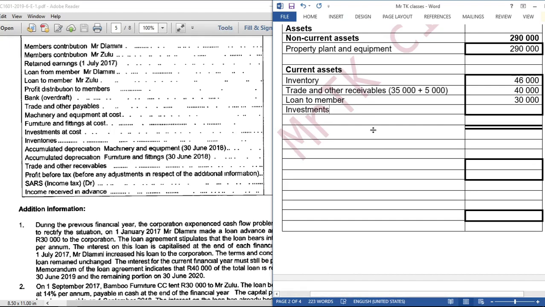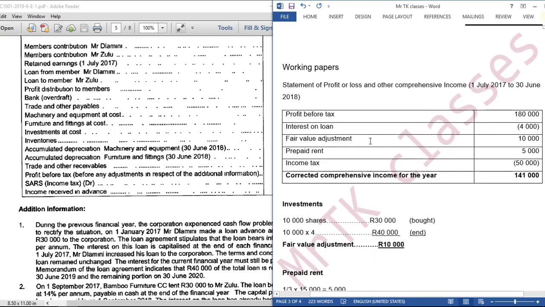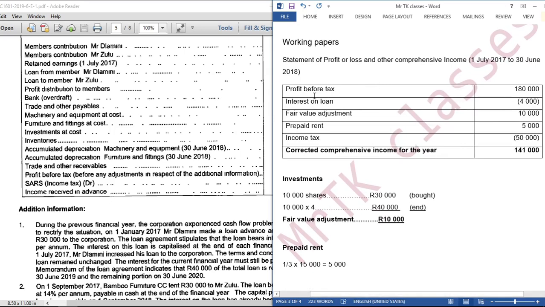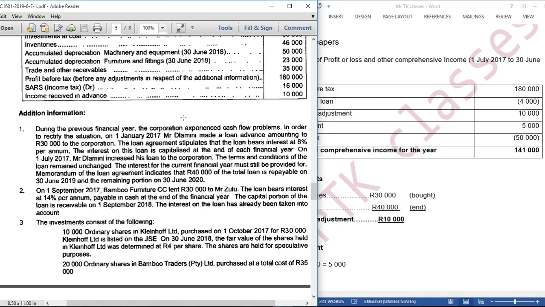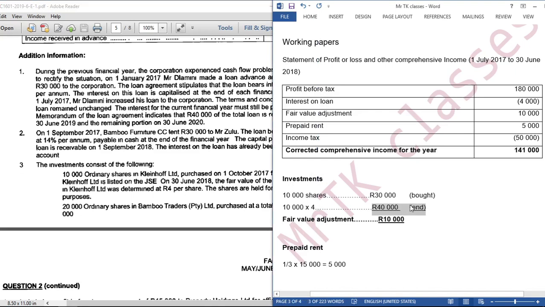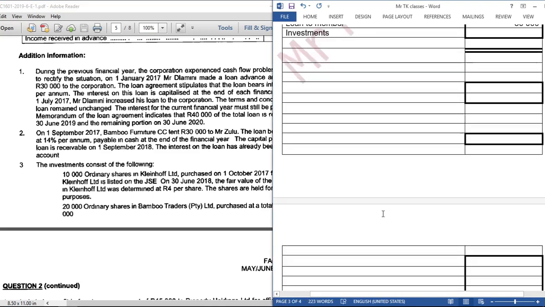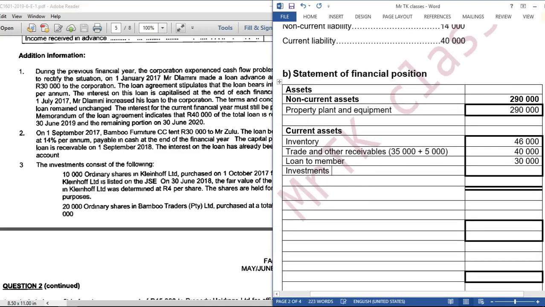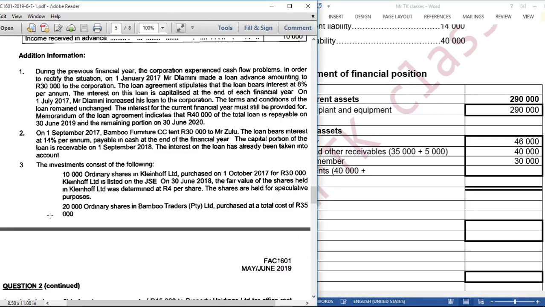I remember there are some calculations that we did when it comes to investments. At the end, it was now 40,000. Looking at this information here, when this was bought, it was 30,000, but now at the end, it was 40,000. So we are going to say 40,000 investments plus another investment here, which is 35,000.